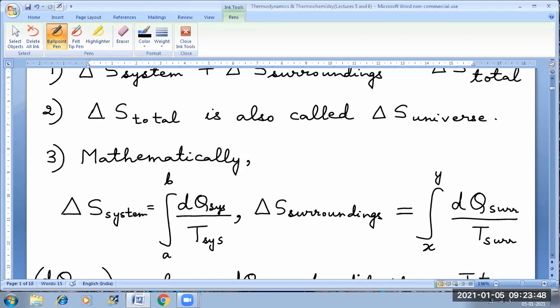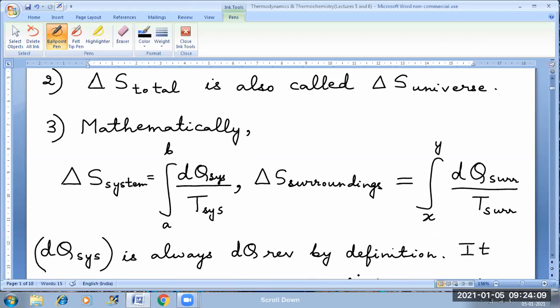If temperature is constant, that constant temperature can be taken outside the integral. If temperature is not constant, it cannot be taken outside the integral. It will be present inside and it has to be integrated. So some knowledge of integration is required.